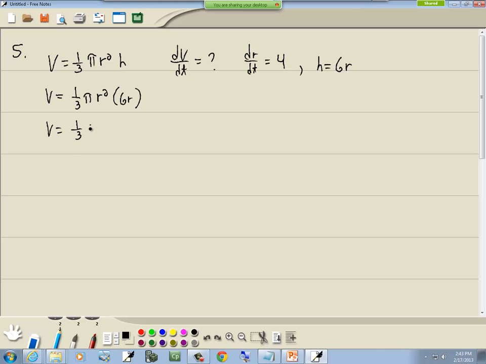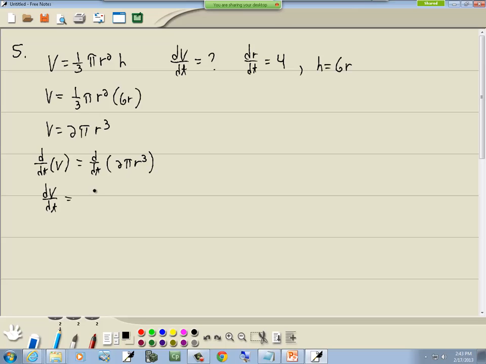There we go. Well, 1/3 times 6 gives us 2. Pi r squared times r is r to the third. Well, we want to take the derivative of everything where it's sitting. So we'll take the derivative with respect to t of V, and the derivative with respect to t of 2 pi r to the third. Whenever you have a single variable, this just becomes dV dt.